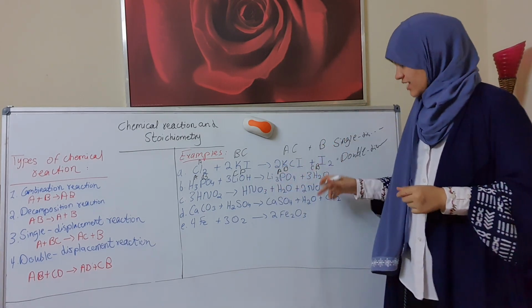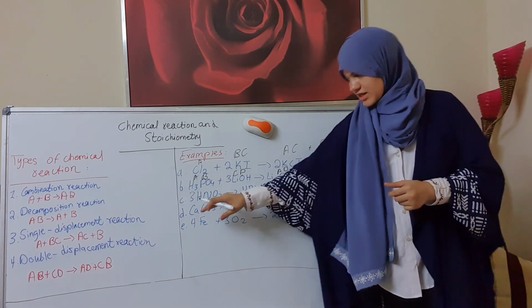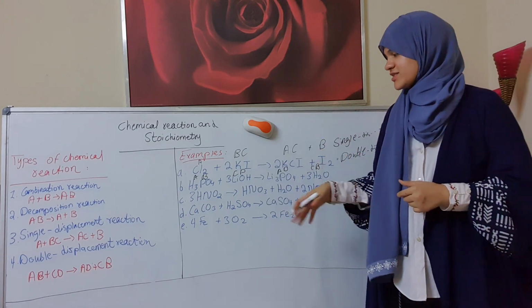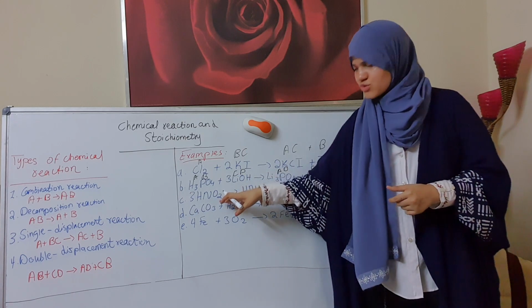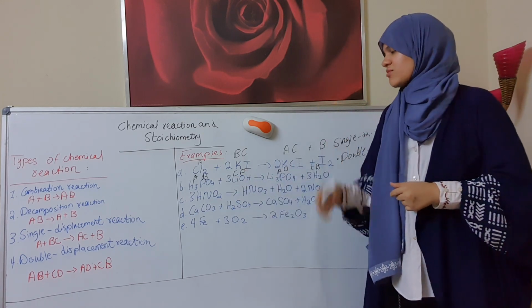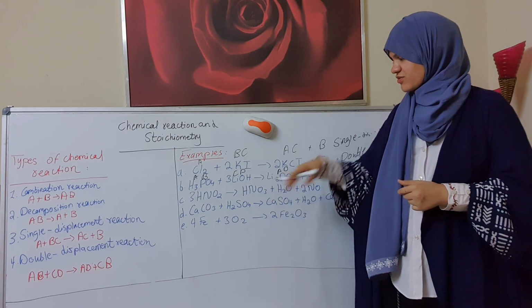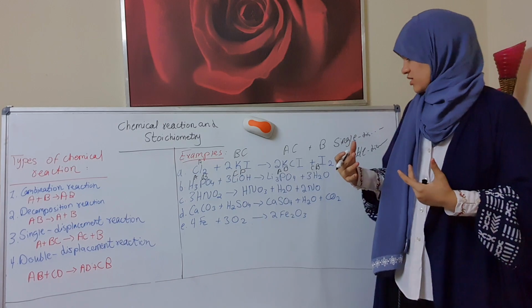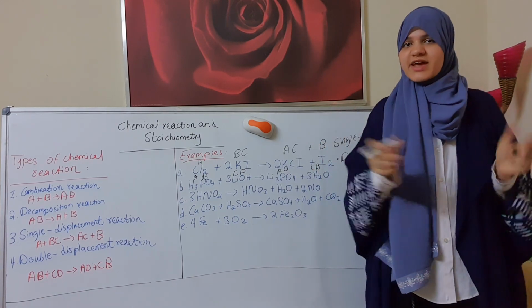Now, in the third example, we have 3HNO2 giving us HNO3 plus H2O plus 2NO. So in the reactants we have only one compound, but in the products we have three compounds. So that means it is a decomposition reaction.